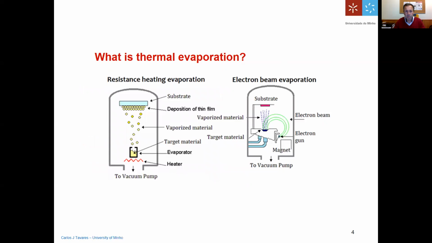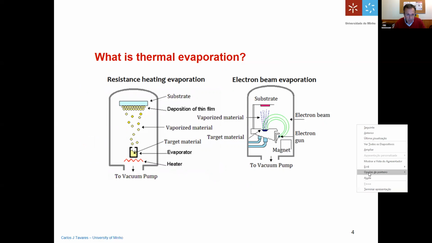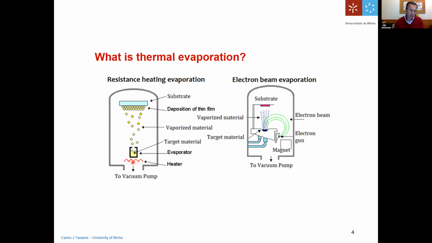So what is thermal evaporation? On both of these figures, you will see there are two types of evaporation processes. The one on the left is perhaps the simplest one. It's a thermal evaporation using a crucible which is heated by a filament or by a resistance. So in this case, you need to have a heater.